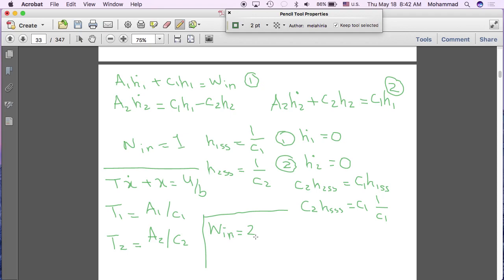Why? What is the fundamental reason? It starts with the letter L. Because we are dealing with a linear system. In a linear system, double the input, output gets doubled. So if you double the input, H1 steady state becomes 2 over C1, and H2 steady state becomes 2 over C2.